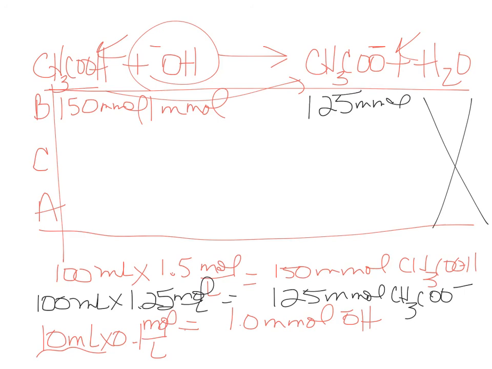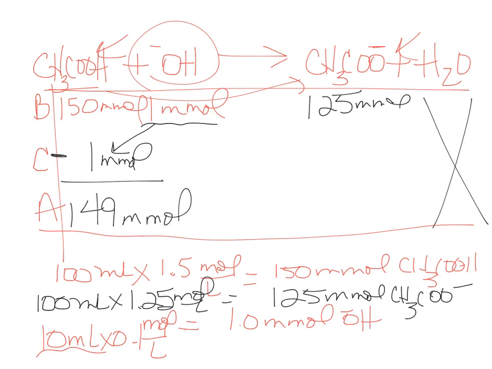Alrighty, so first realize that the amount of contaminant you add is going to react 100%, and whatever that amount is goes down here. So you're going to be reacting 1 millimole of the acetic acid away, so you're going to end up with 149 millimoles of acetic acid.